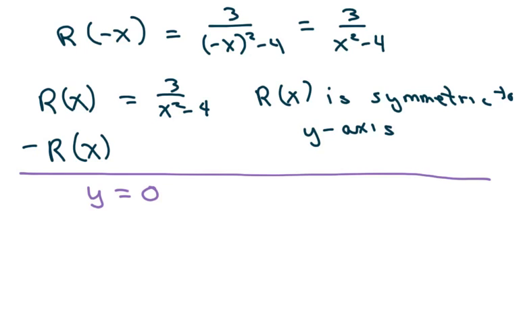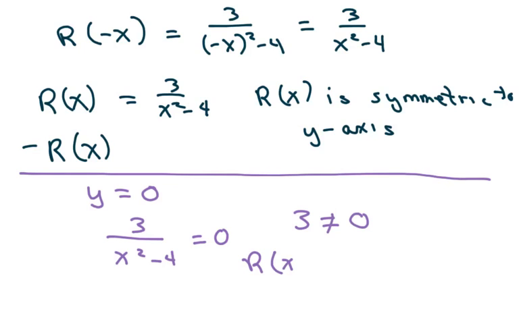So we set our equation to 0, cross multiply, and we get 3 equals 0 again. That's not true, so R of x does not intersect y equals 0, which is going to be handy when we graph.